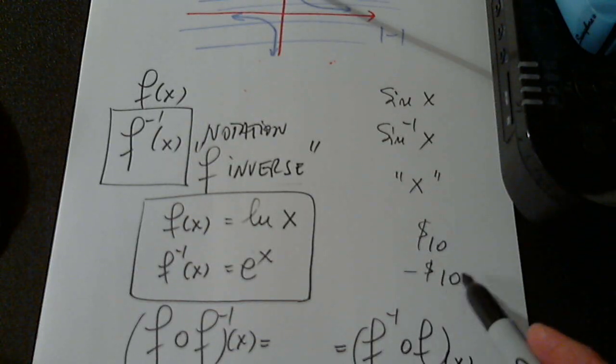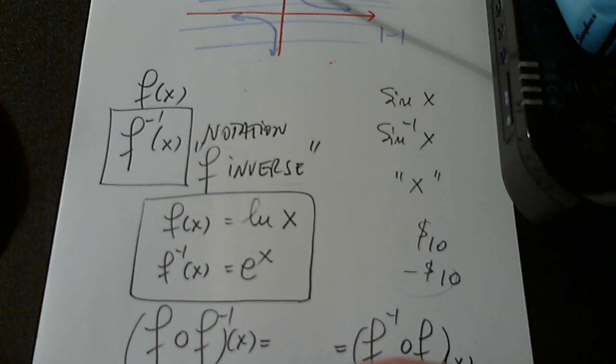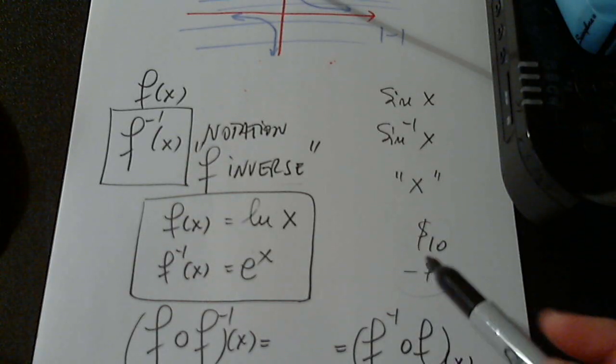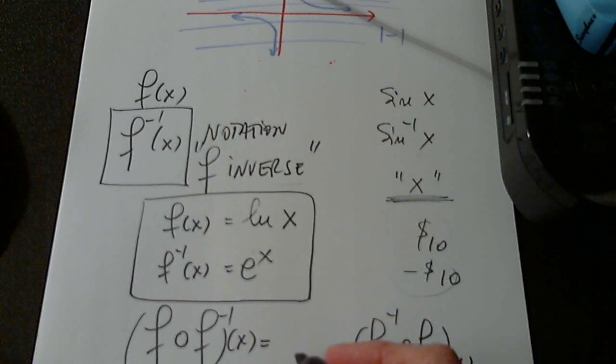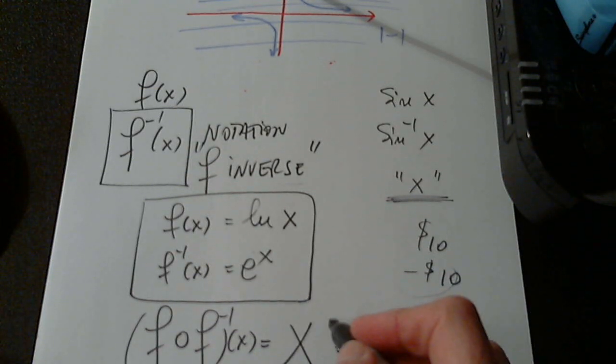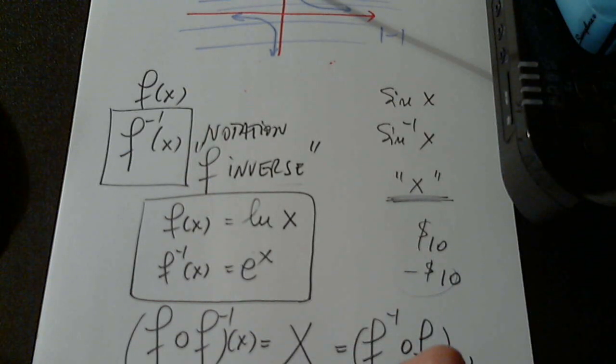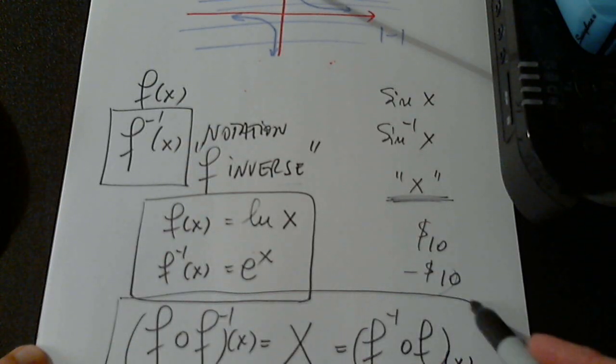And 5 minutes later, I come back and say, give me back my $10. What are you left with? x. Exactly x. Not x squared, not x over 2, not x plus 3. This is the property of inverse functions.